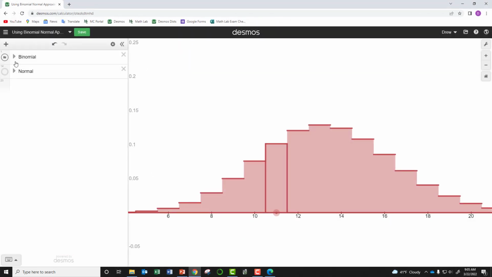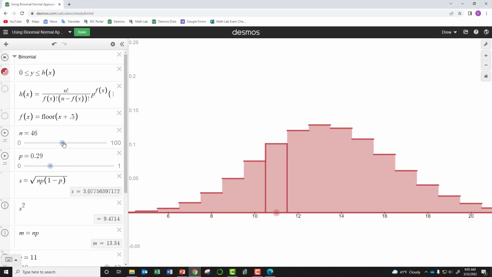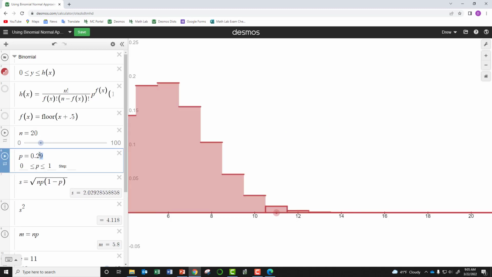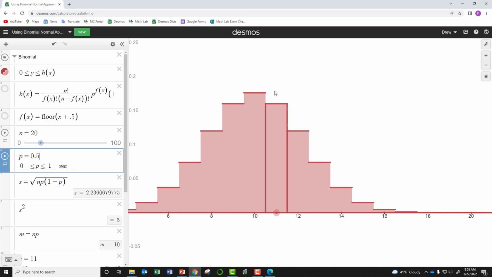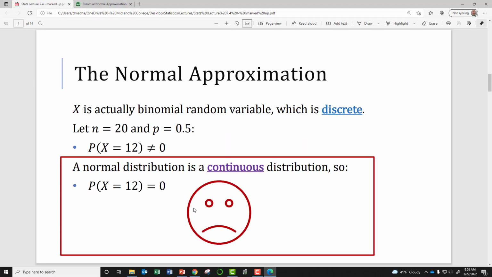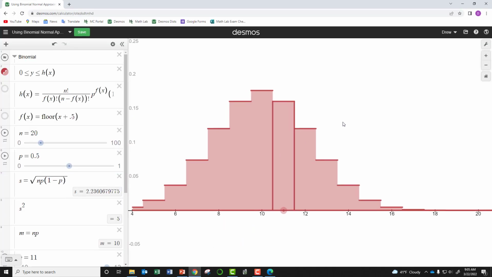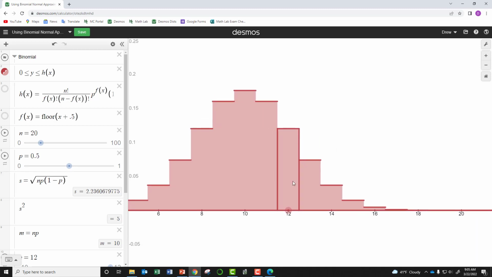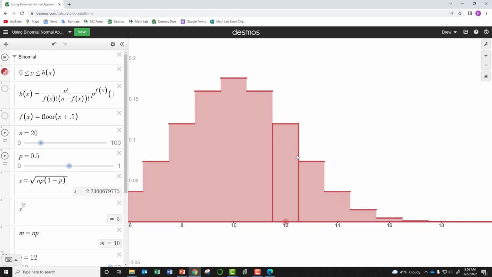So going over here, if I set n equal to 20 and p equal to 0.5, which I think is what my notes are referring to, yeah, n 20, p 0.5, then the probability that we get exactly 12 from my binomial distribution is represented by the shaded area inside this vertical rectangle, right?